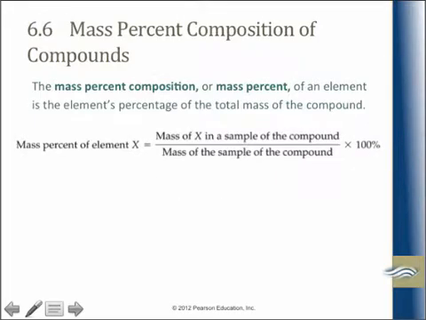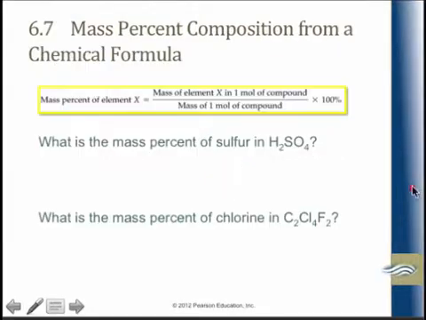In general, what you see me doing is that the mass percent of any element is the mass of just that element over the total mass of the sample. I'd like you to pause this slide and do 2 calculations on your own and make sure that you can do this. I have the formula here at the top, and what is the mass percent of sulfur in H2SO4, also known as, I hope you can say, sulfuric acid?